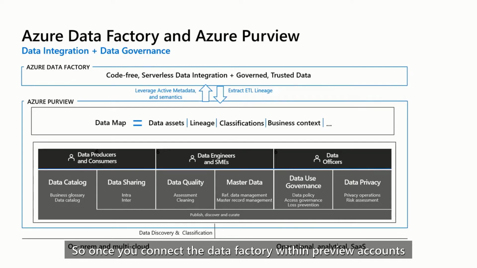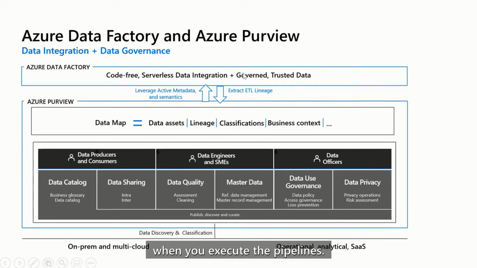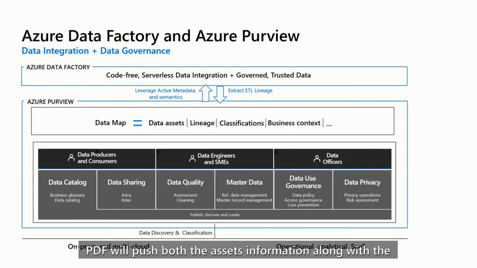Once you connect the Data Factory with a Purview account, on one hand, when you execute the pipelines, ADF will push both the assets information along with the lineage information into the connected Purview account.